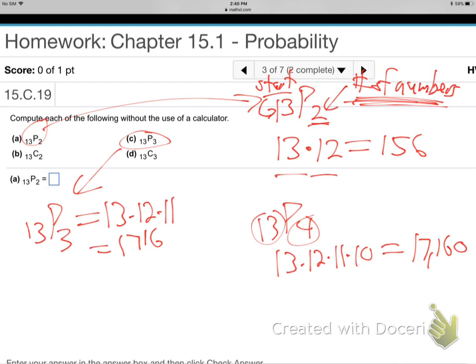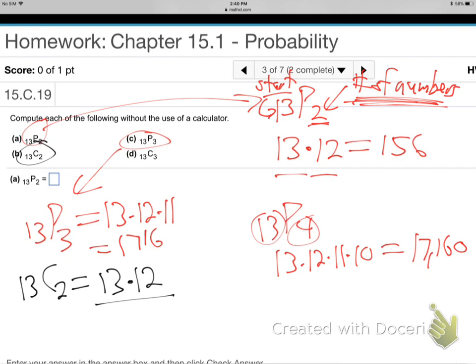Now, last thing, the C. What does the C do, and how's that different? The C, 13C2, it starts out the same. So you start at 13, do two numbers, starts totally the same as the P, but here comes the difference. The C, I'm going to use the word cut just to help you remember.